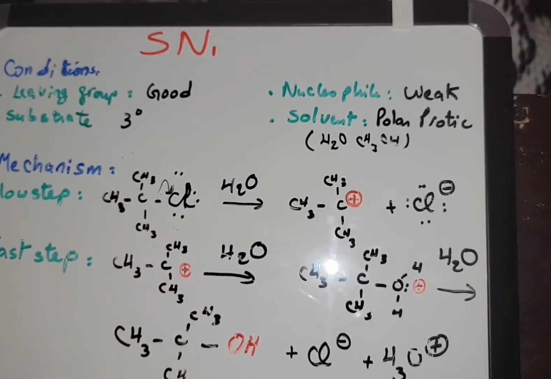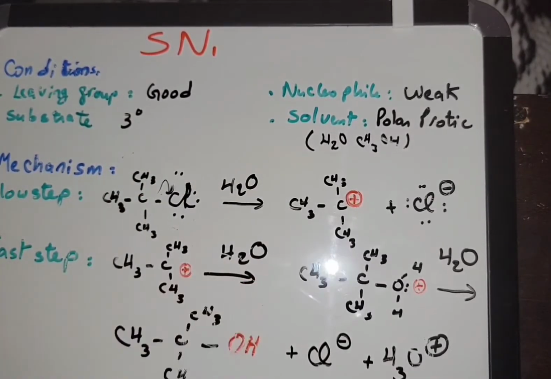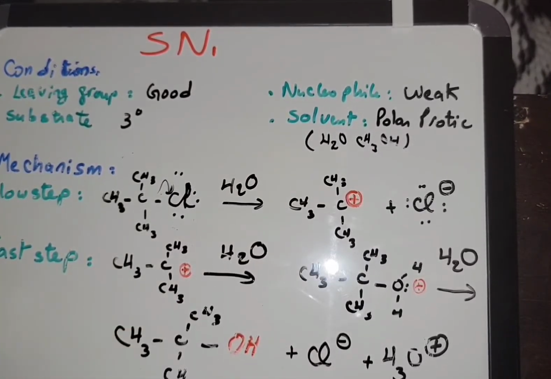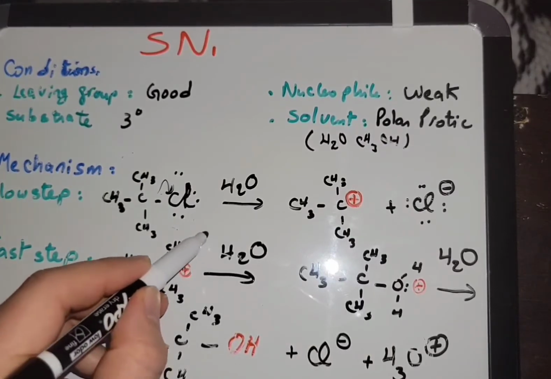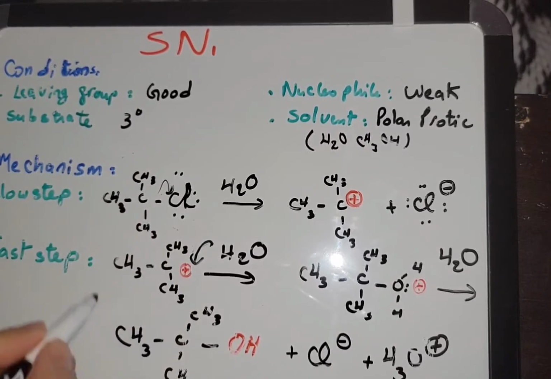So the leaving group left, and then we are left with a carbocation and a nucleophile. This is the intermediate step. Step number 2 is the nucleophilic attack. We have the carbocation which is positive. It will be attacked by the water molecule here.